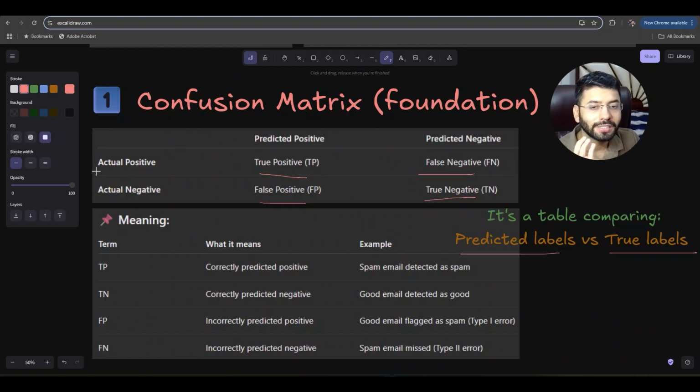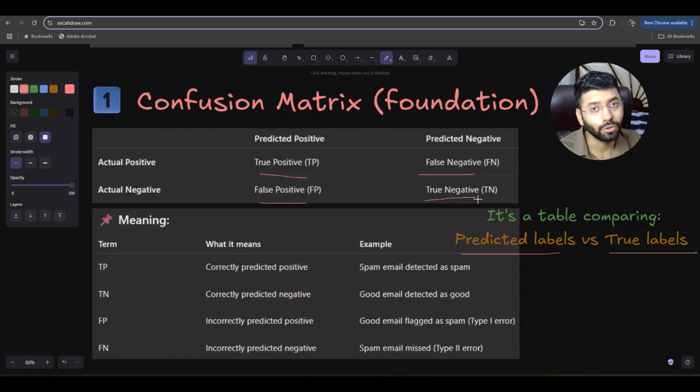In the rows you can see actual positive and actual negative, and in the columns you can see predicted positive and predicted negative. So basically a confusion matrix is a table which compares the predicted labels versus the true or actual labels.